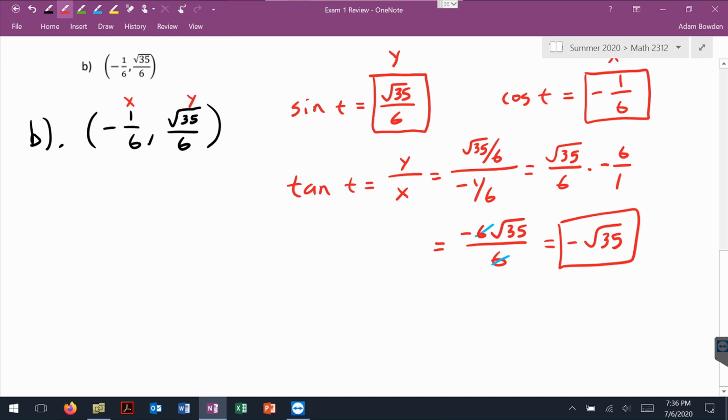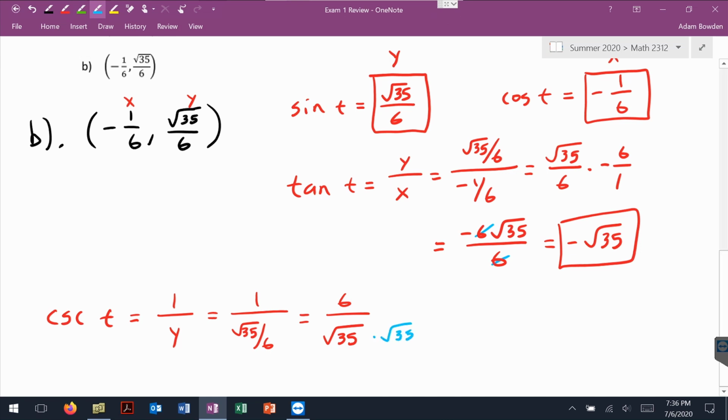And then our other ones, cosecant t. Cosecant was 1 over y, or is basically the reciprocal of sine. That'd be 1 over the square root of 35 over 6, which turns into 6 over the square root of 35. But this is a situation where we have to rationalize that denominator.